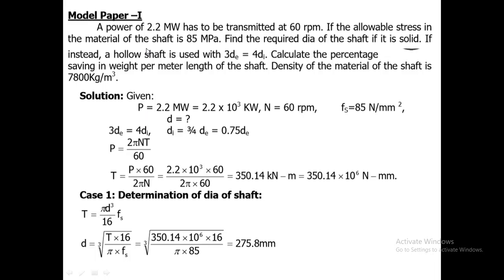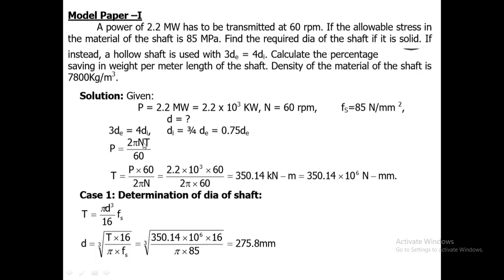Coming to the power here, whenever power is given, you can calculate the torque by this equation. Power is given and the RPM is given, so directly we will calculate the torque which is transmitted in the shaft. First we'll calculate the torque directly by this formula.